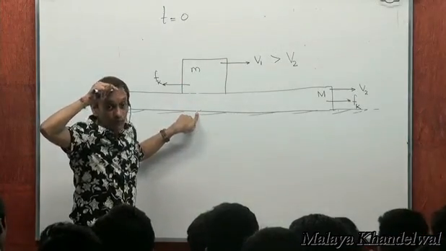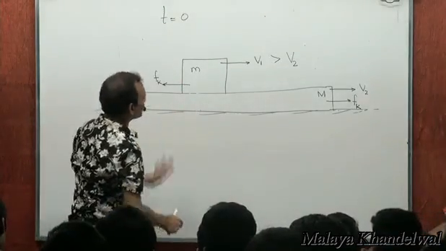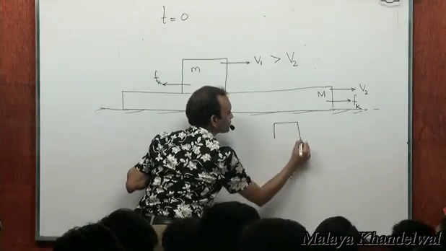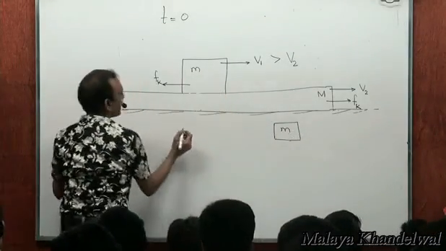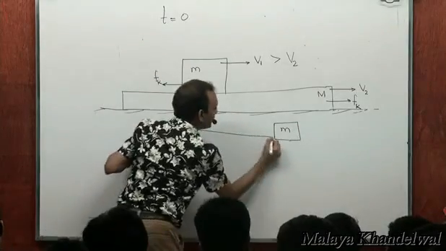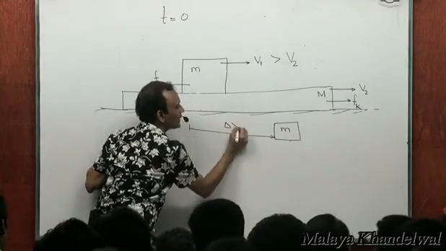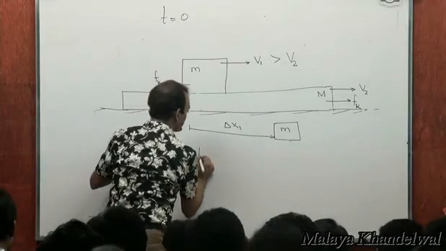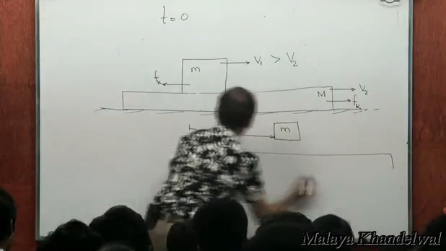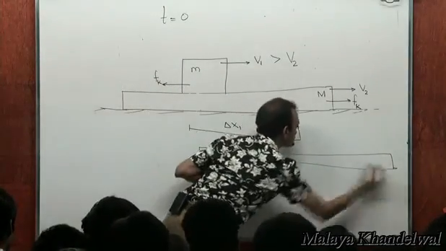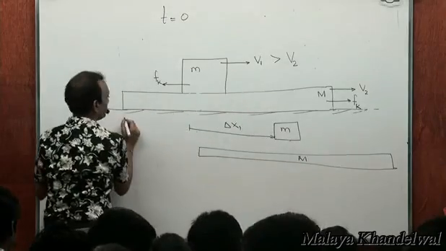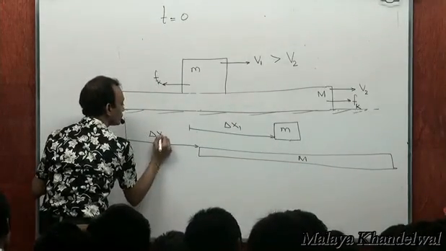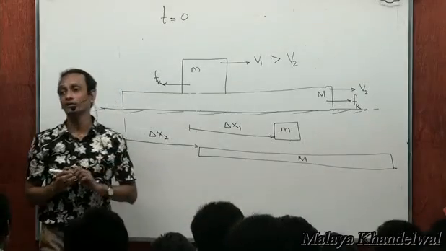Right? Therefore, up to that instant of time, if the mass small m has got displaced by an amount, say delta x1, and the mass capital M has got displaced, say by an amount delta x2, then which will be higher?